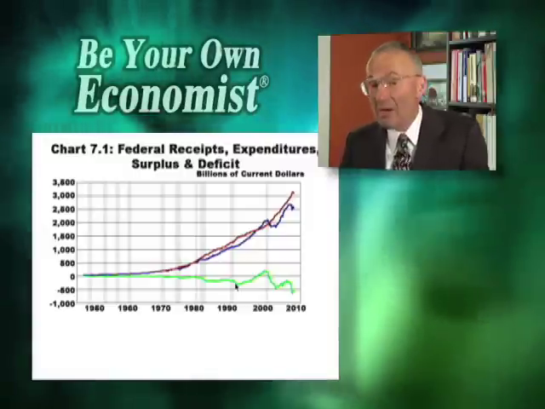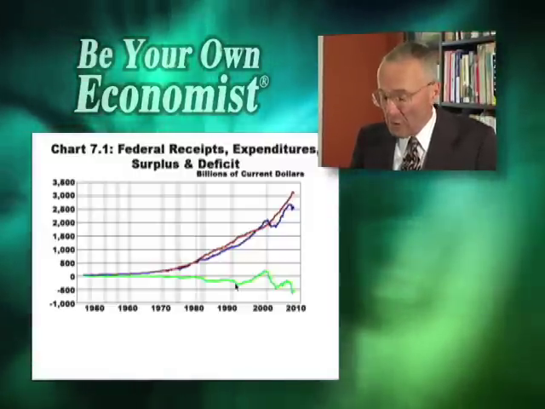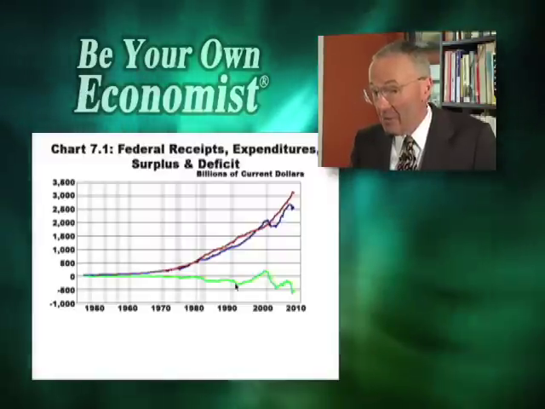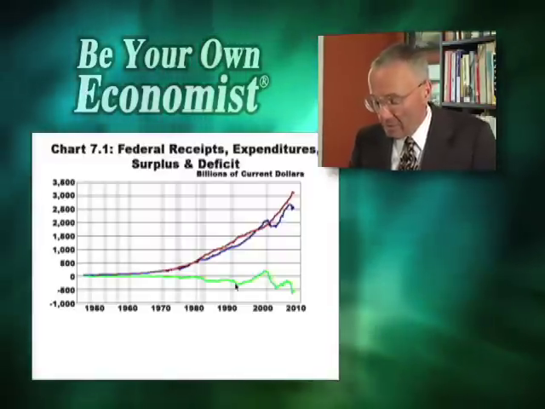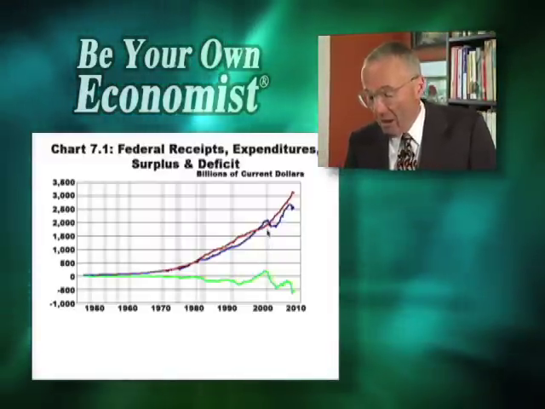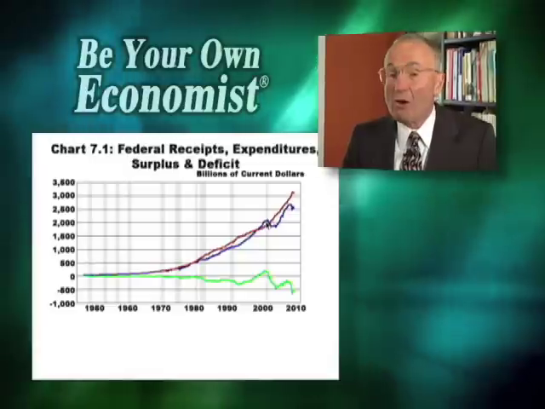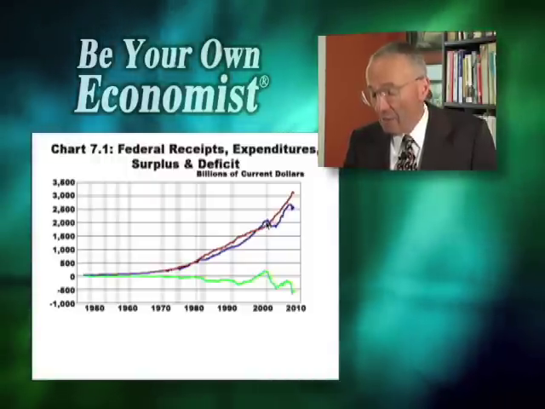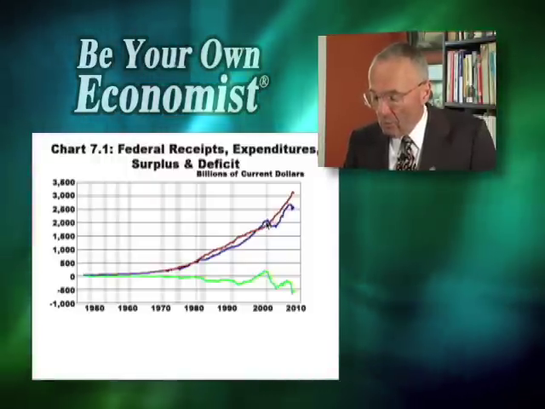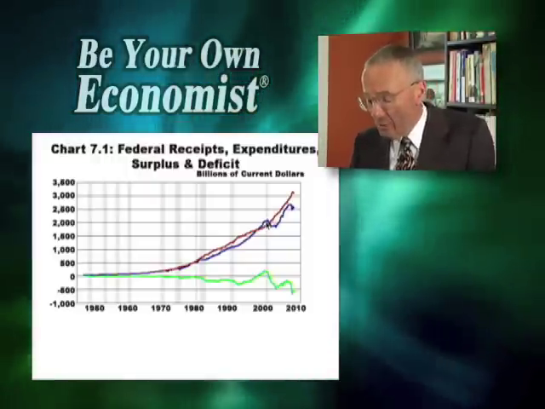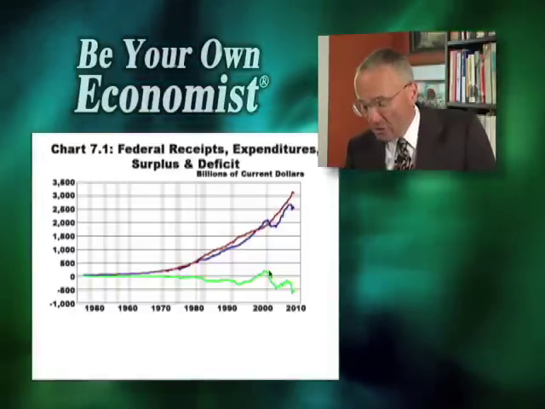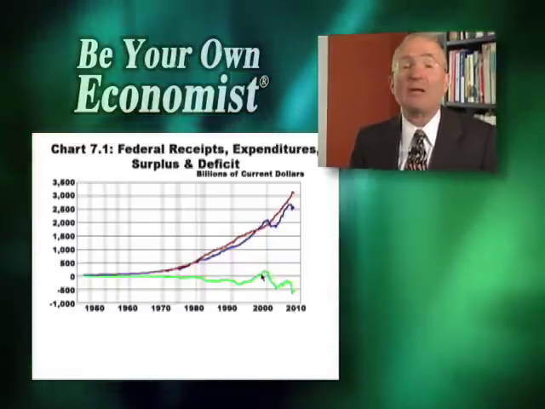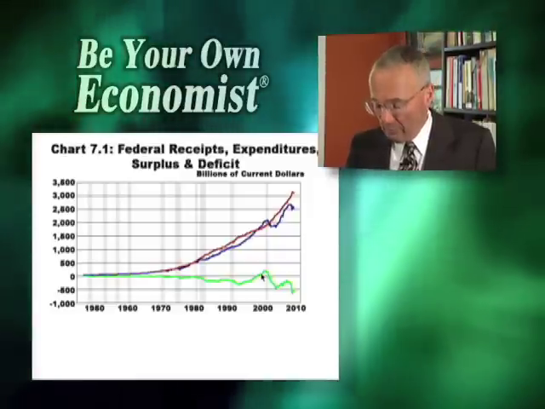And therefore this green line, which will show either surplus or deficit, is below zero anytime the expenditures are greater than the receipts. On the other hand, on that brief and rare occasion around the year 2000, when the revenues were actually greater than the expenditures, you can see that momentary surplus right there around the year 2000 when the green line rose above zero.